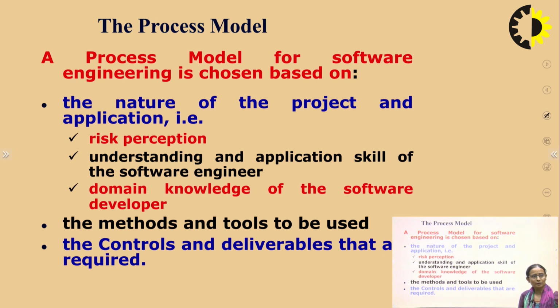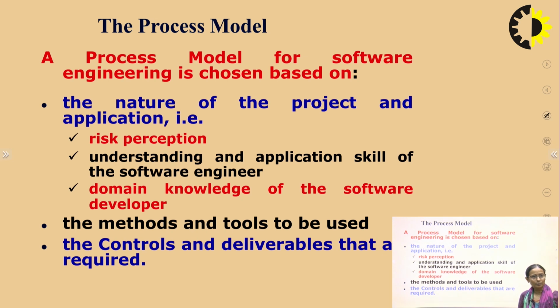A process model for software engineering is chosen based on the nature of the project and application. And once we say the nature of the project, what are the factors we are incorporating? Number one is your risk perception. Then comes understanding the application skill of the software engineer, that is, the development team allocated to you.